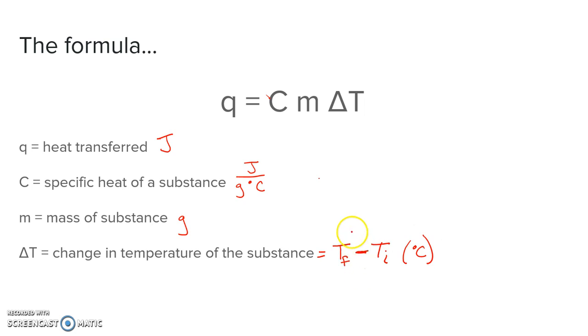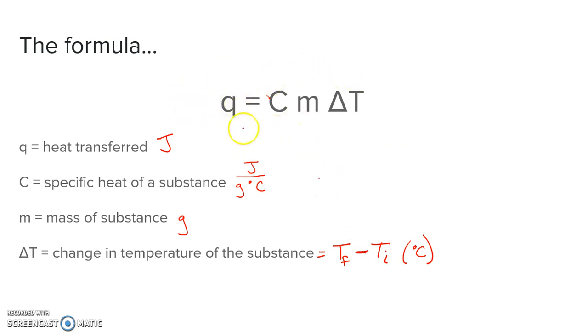Now, that could be a negative number if your temperature goes down, which is fine. That just means that you're going to get a negative value for Q, which is perfectly acceptable. The negative or positive Q just tells us if heat is going into or coming out of a system. So we're going to be using this formula when we do our labs.